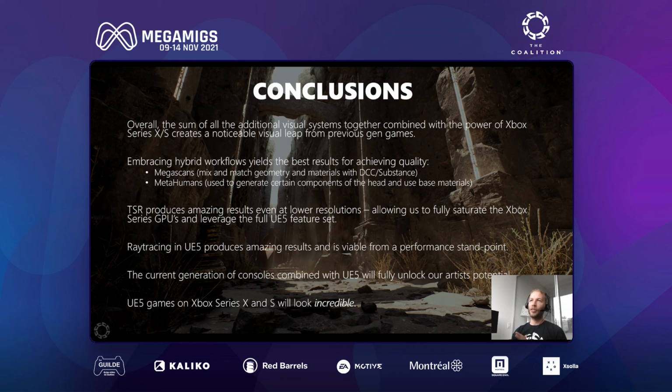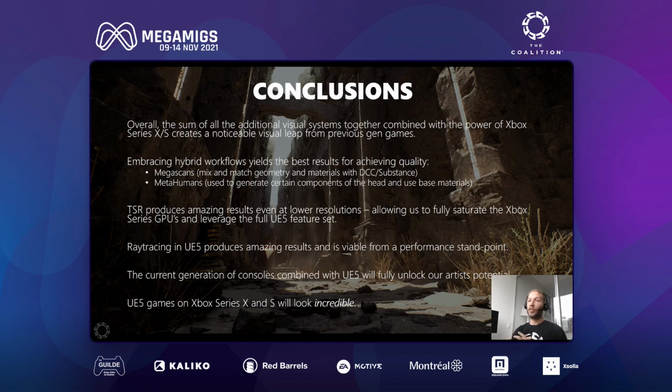So conclusions. Overall, the sum of all the additional visual systems together in UE5 combined with the power of Xbox Series X and S really creates a noticeable visual leap from previous gen games. It's fantastic. We're embracing hybrid workflows, and that seems to give us the best results. We don't have to use MetaHumans for everything, but use MetaHumans for some things. We don't have to use Megascans for everything, but use Megascans for some things, kind of what they do best. TSR produces amazing results even at low input resolutions, which is kind of a godsend.